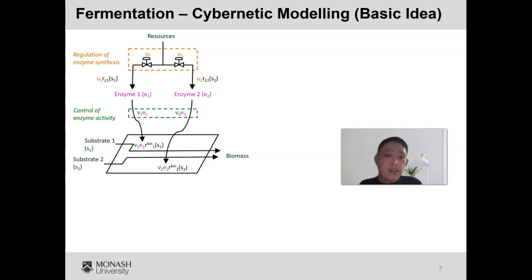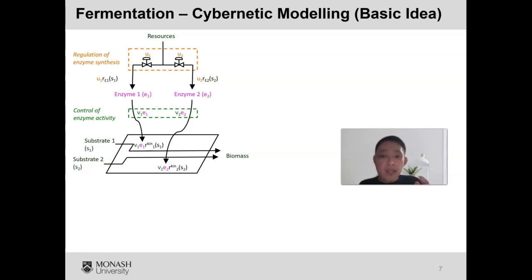First is the regulation of enzyme synthesis. Number 2 is the control of enzyme activity. So the cybernetic modeling approach basically says that the microbe follows an optimal strategy whereby it is able to carefully control these two levels of control in order to respond to environmental diversity.